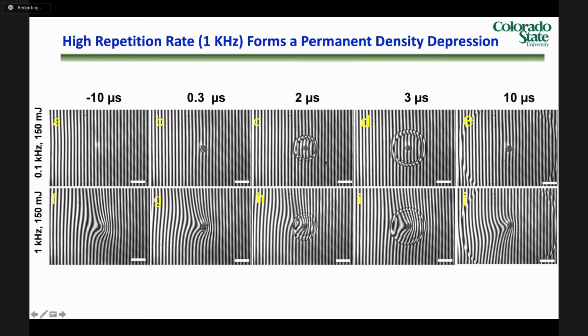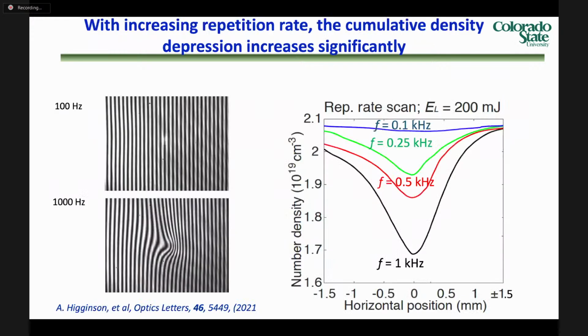You can see that the shock wave and so on are the same, but you have the deflection of fringes that indicates there is a density depression. Analyzing the interferograms, we see that this density depression is around a 20% decrease in the molecular density from atmospheric air. And you can see how this depression builds up as you go from 100 hertz to 250 hertz, 500 hertz, and 1 kilohertz.